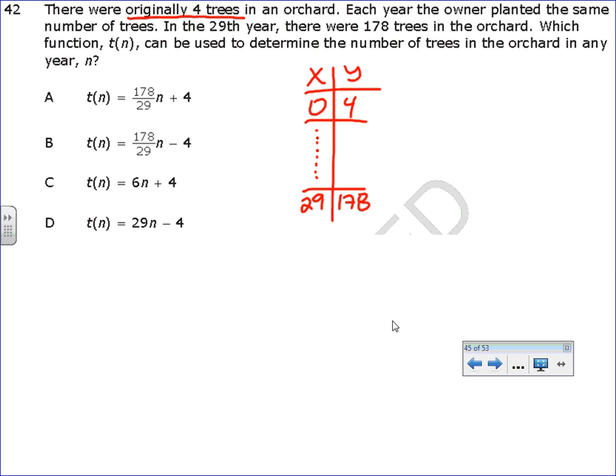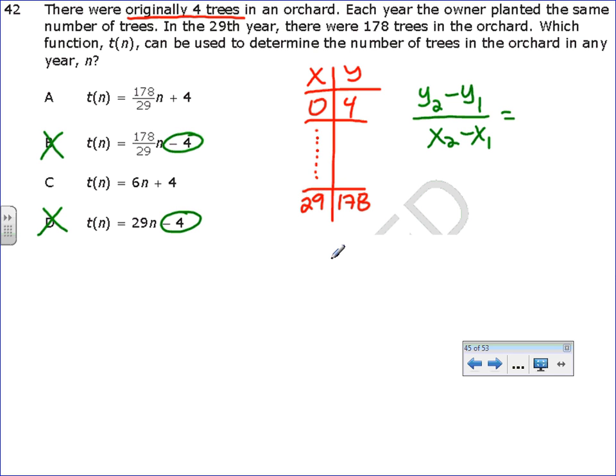Well, that's 2 points. That's enough to use the slope formula to find the slope. Also, if it starts at 4, can you have a negative 4? No, you cannot use that as your y-intercept, so those 2 are out. Now I need to decide is my slope 6 or 178 over 29. Well, my slope formula is y2 minus y1 over x2 minus x1, which is 178 minus 4 over 29 minus 0.